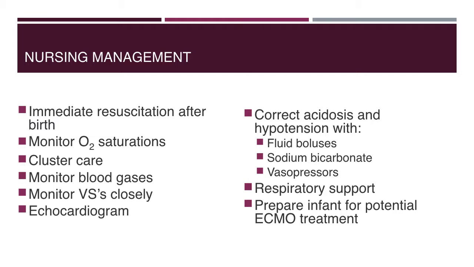If that doesn't work, these kids go on ECMO. ECMO is a form of bypass where we oxygenate their blood outside of the body so that we can allow time for their lungs to relax and be able to do their work. Often kids who have pneumonia or meconium aspiration end up on ECMO.